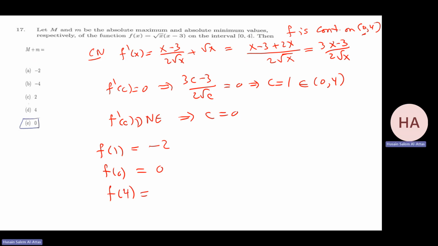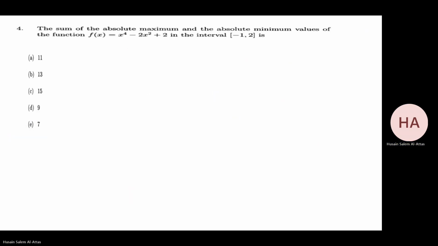F of 4 will be square root of 4, which is 2, times 4 minus 8, that will be 2. This is capital M, this is small m. Capital M plus small m will be what? 0. That's the answer, the sum of the absolute maximum and absolute minimum for this function, if it's continuous on this interval.